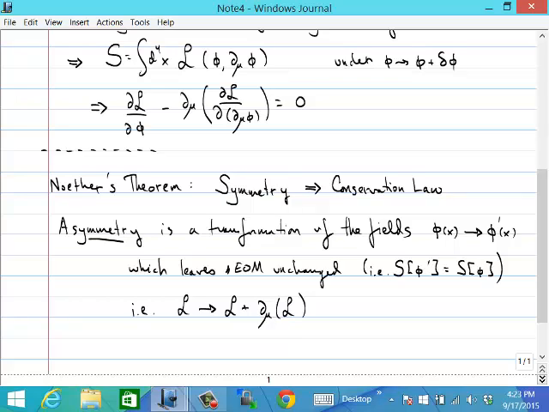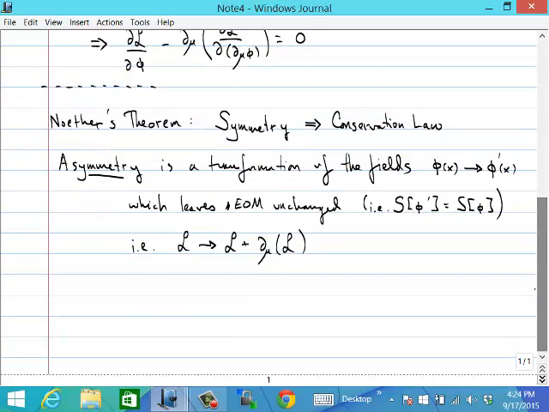And if you change the action by a constant, you're not going to change the equations of motion, because the equations of motion are the derivative of the action with respect to the field variables. They're the first variation of the action with respect to the field. Is that clear? Are there any questions on that? I'm going through this a little bit quickly because this is essentially identical to the manipulations that you've already seen in the context of classical mechanics.